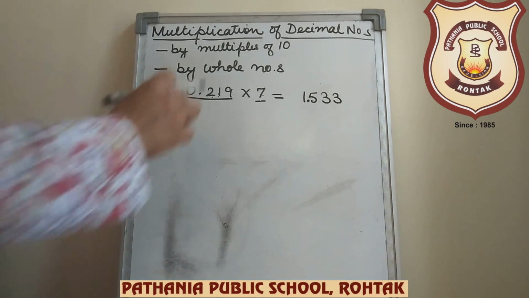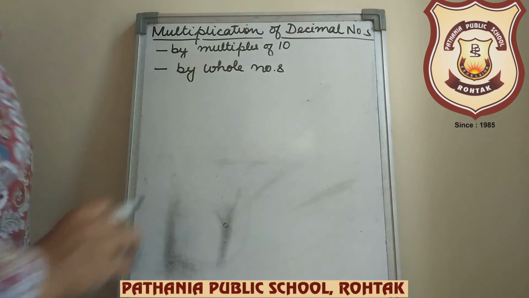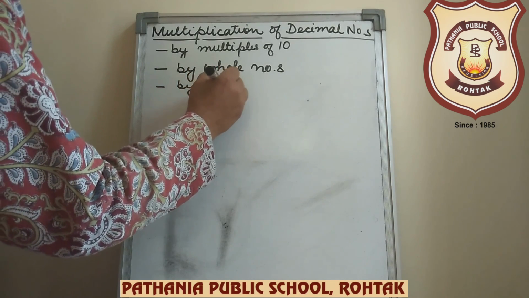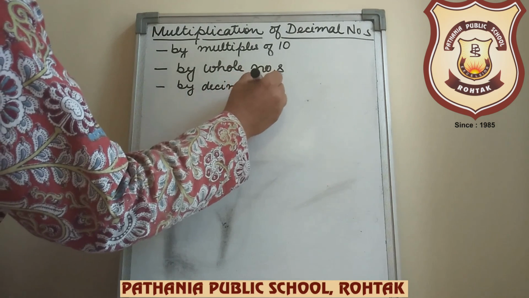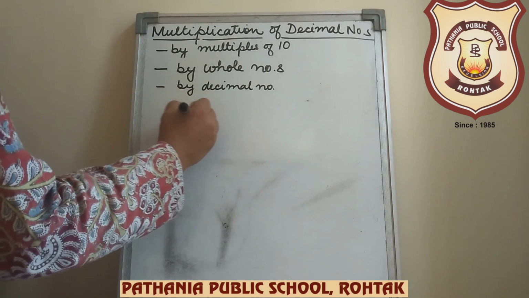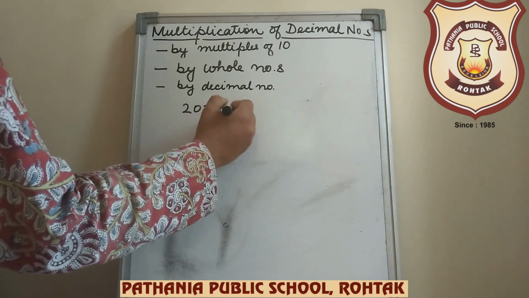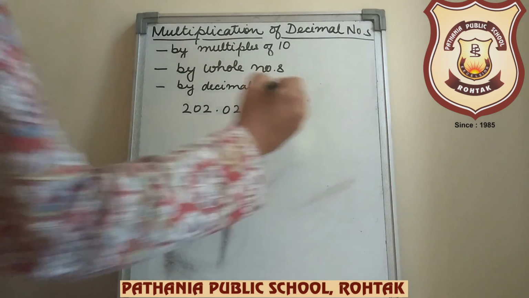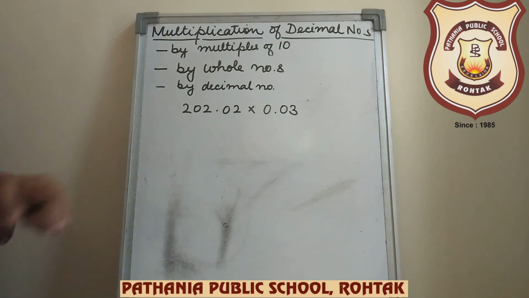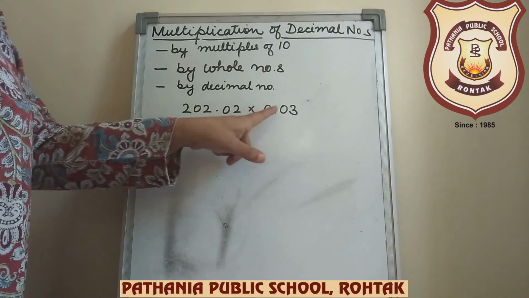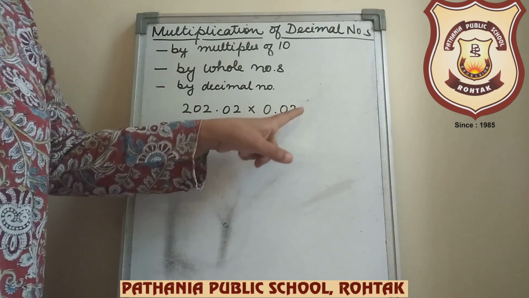Now the last one, how to multiply a decimal number by a decimal number. I'll take 202.02 multiplied by 0.03.